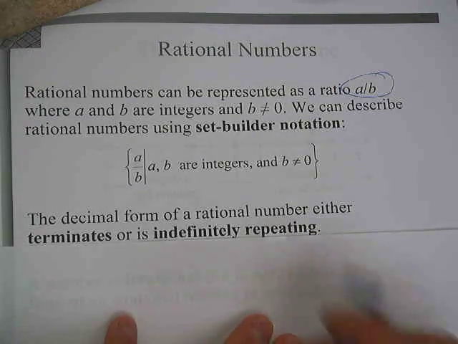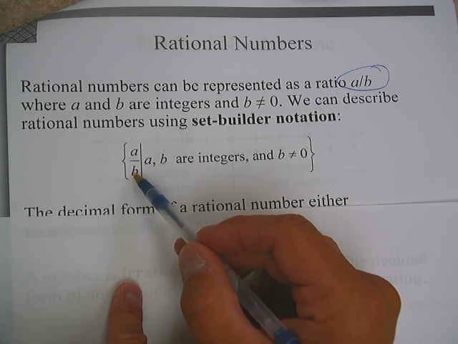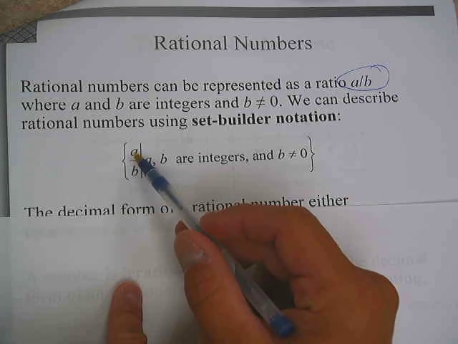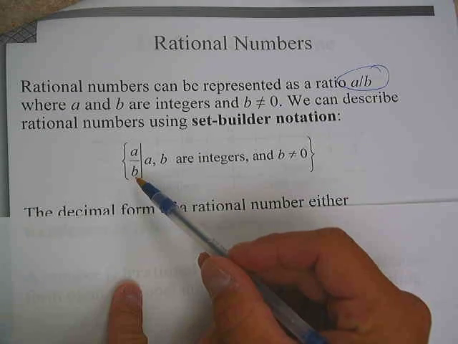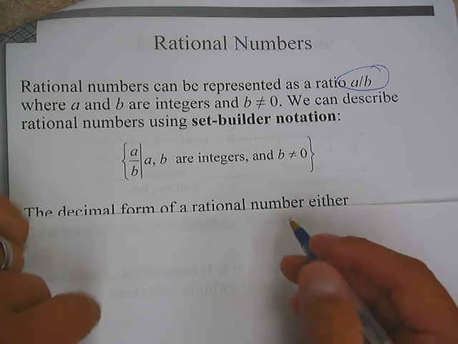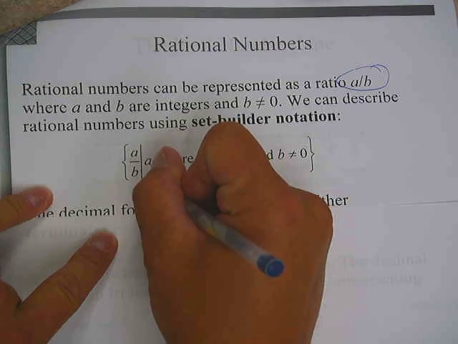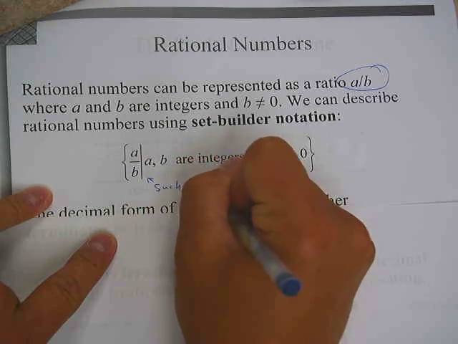Whatever expression is on this side, we read as, in our case, a over b. Depending on what expression we're dealing with, it's not always a over b. It could be whatever. We're going to see a bunch of them as we go. But the key element is, how do we read this sign in English?